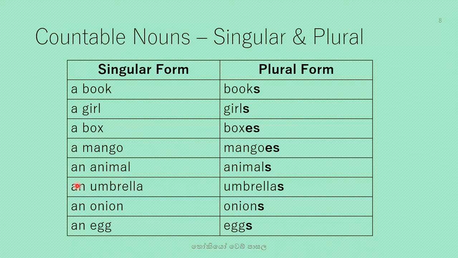An animal, animals. Adding S. An umbrella, umbrellas. An onion, onions. An egg, eggs.